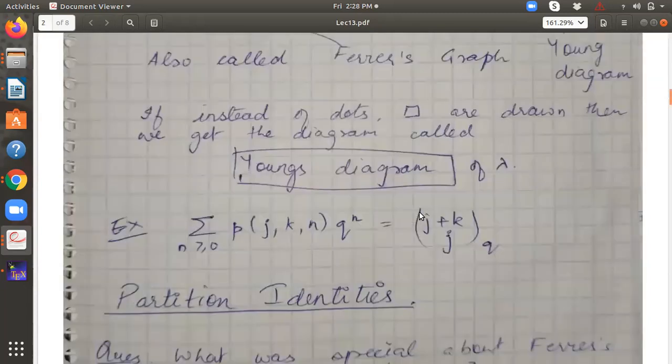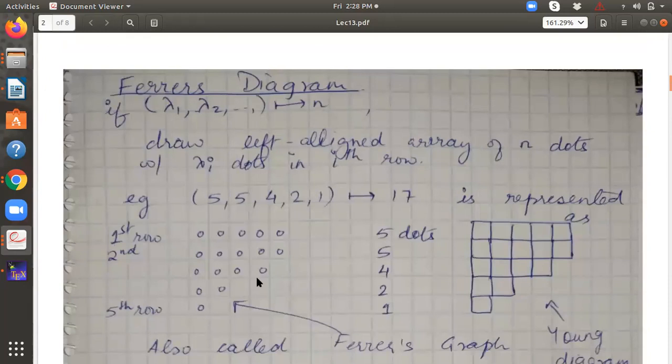When you reflect along the main diagonal, rows become columns and columns become rows. Remember that this representation means 5 plus 5 plus 4 plus 2 plus 1 is 17. Now when you have flipped it, it is going to appear in this pattern.